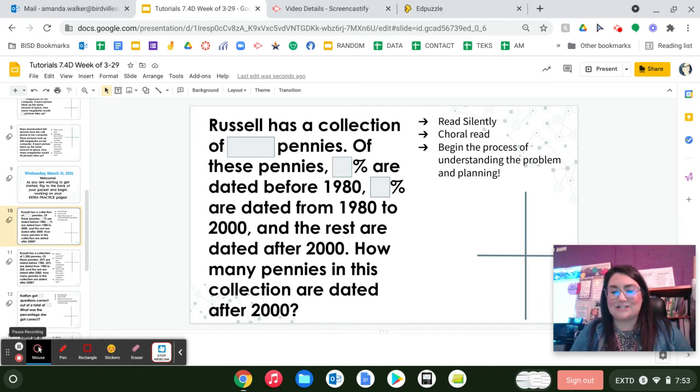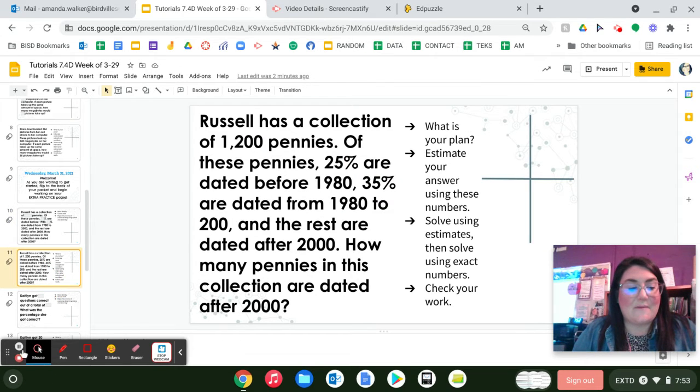So as you're imagining that collection of pennies, try to group those. Okay, we have some that are before 1980, some between 1980 and 2000, and some that are newer than 2000. They're dated after 2000. You also want to start coming up with a plan.